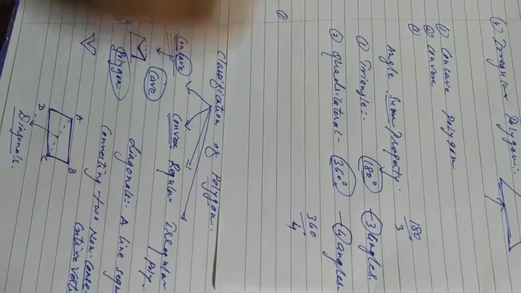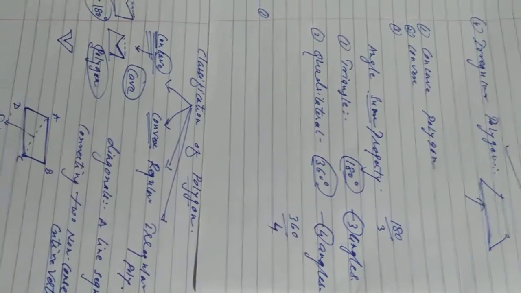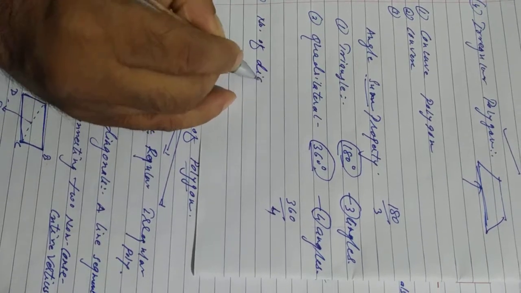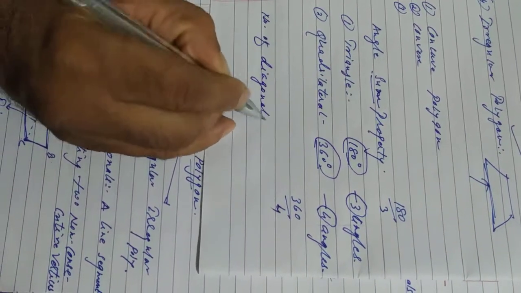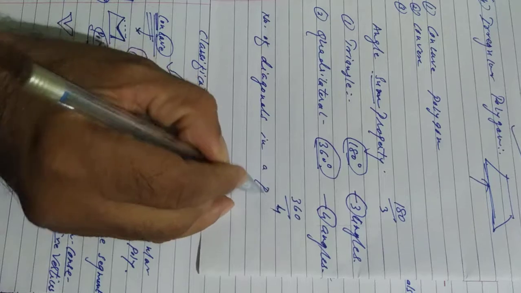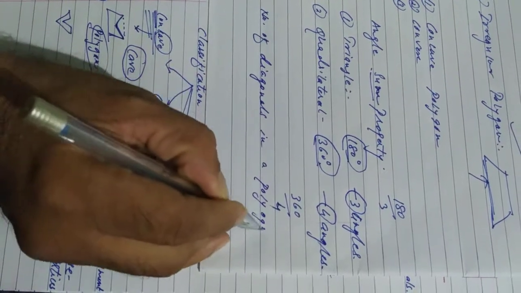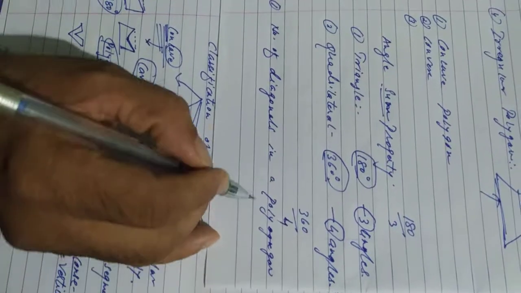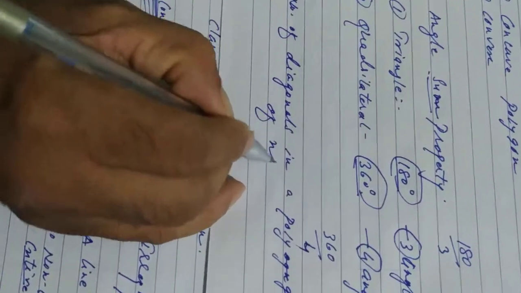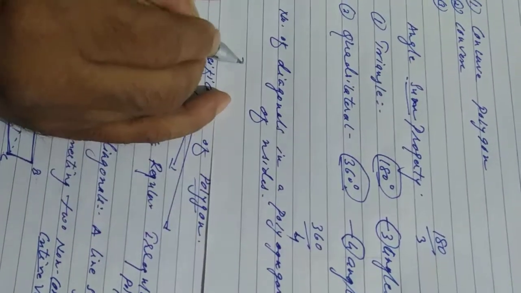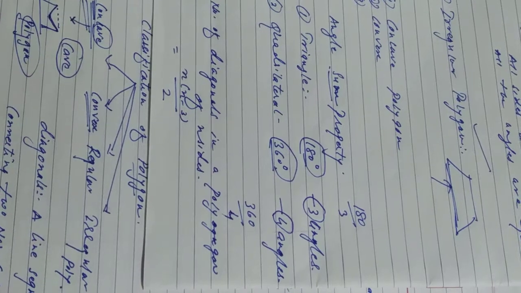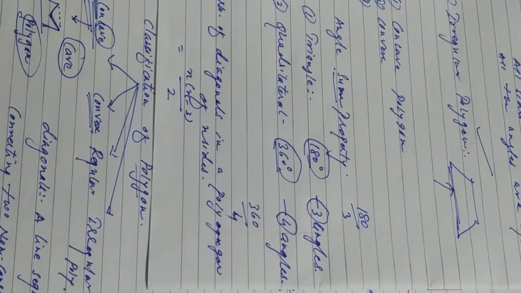Now another is the number of diagonals in a polygon of n sides. N sides means we don't know the number of sides, and the number of diagonals is n into n minus 3 upon 2. Here n is representing what?